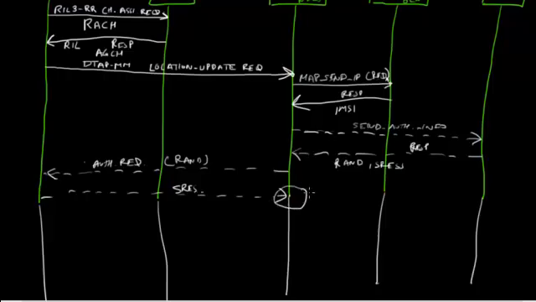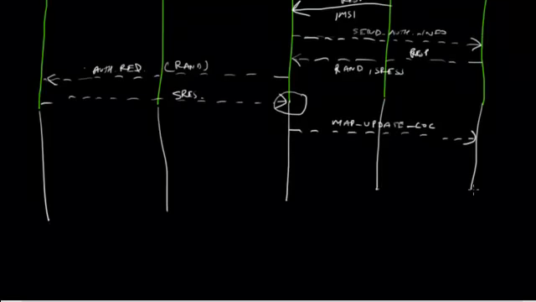Now after that, the new MSC VLR will send a MAP update location message to the HLR. Obviously the new MSC VLR would want to tell the home location that, hey, this mobile is now in our area, so why don't you update your database with the MSC address and also the VLR number.